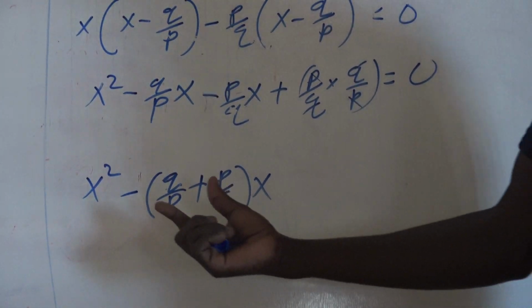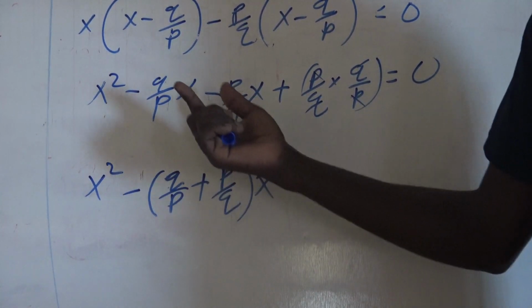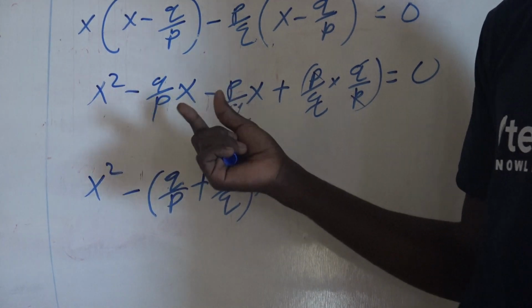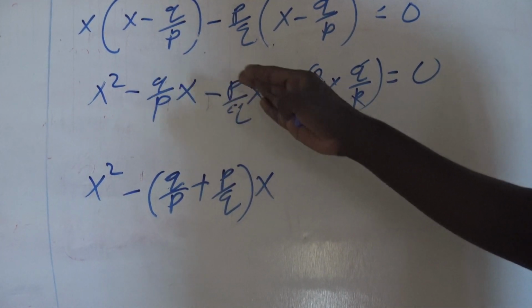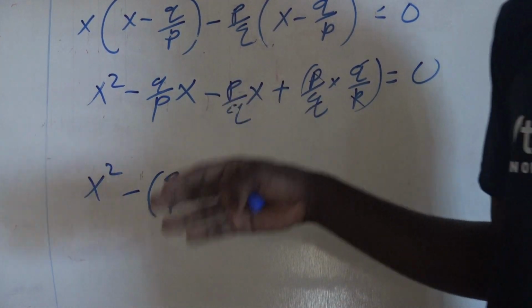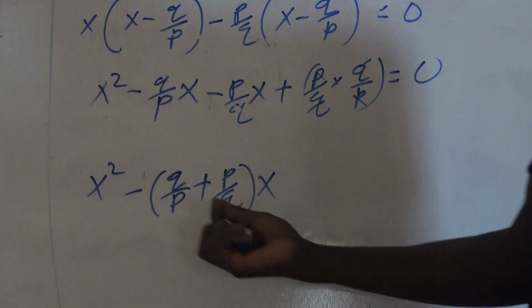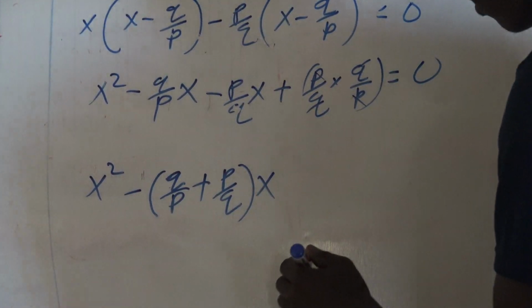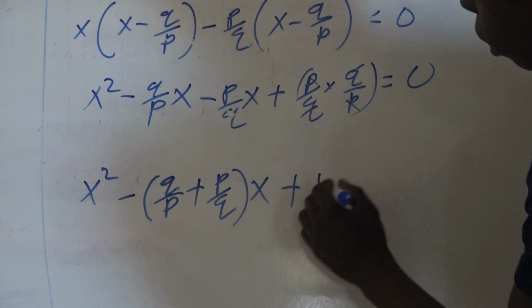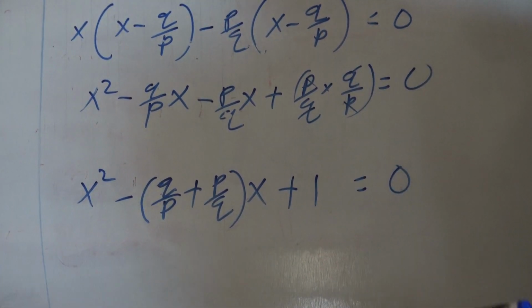Why have we said minus into bracket? Because a minus is common in 2, and x is also common, so we factor out that common thing, and we remain with the one which is not common inside. So here it will be plus 1 equals 0.